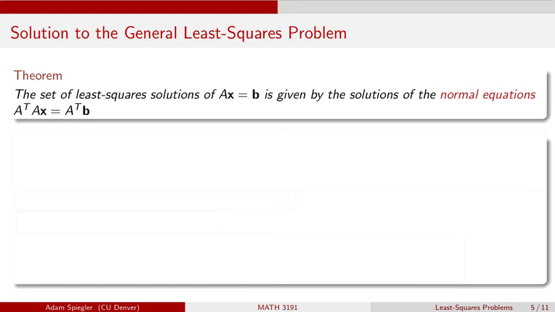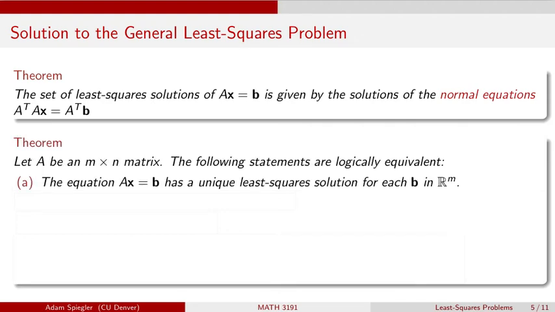And here we can see that we might have more than one solution to this equation. And it's going to be particularly nice when we're modeling to have unique solutions. So let's take a look at what conditions would be needed for us to get a unique solution to this least squares problem. So if our matrix A is m by n, so you might want to think about we have m observations and we have n predictor variables, then the following statements are all logically equivalent.